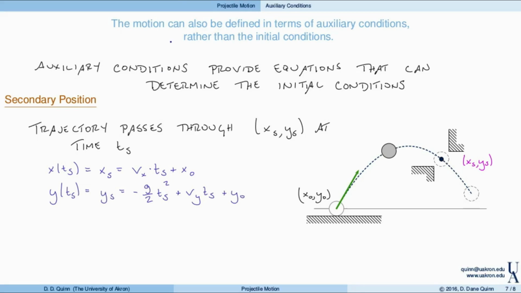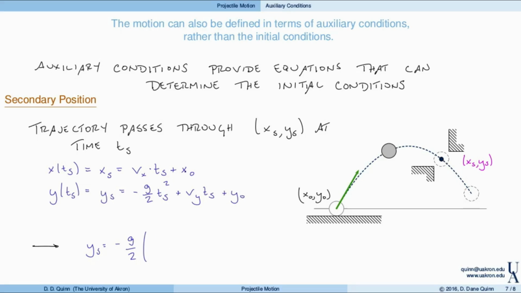Notice that we can combine these into an equation for the trajectory. So we can say, for example, that y of s is minus g over 2 times ts squared.